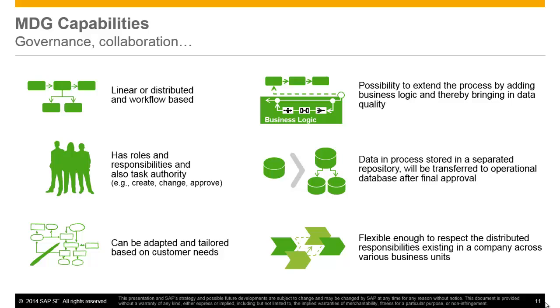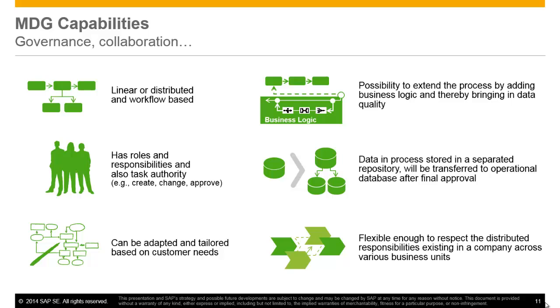So talking about some generic MDG capabilities that apply across all of the domains and very specifically to the asset solution. The types of workflow that can be built: linear, distributed, so you can have parallel workflow processes, you can have serial workflow processes, you can have workflow processes that spawn other workflows if you need to have a follow-up process for any reason.